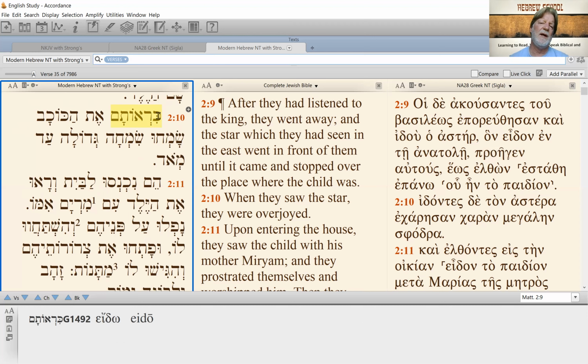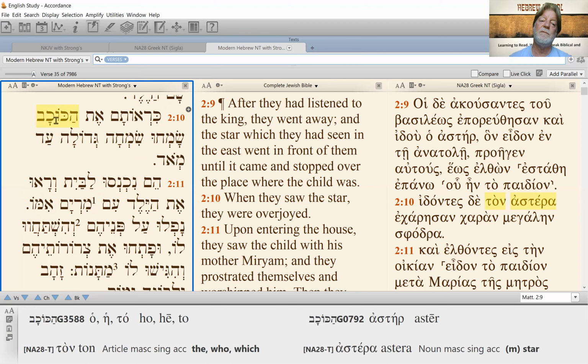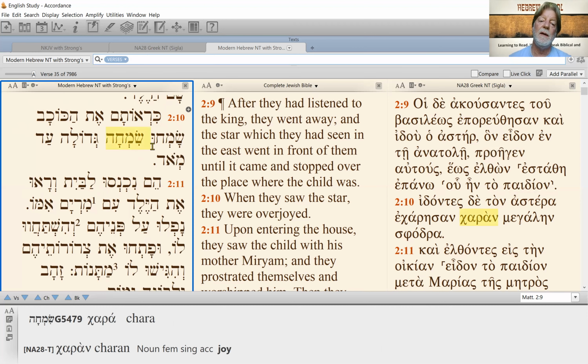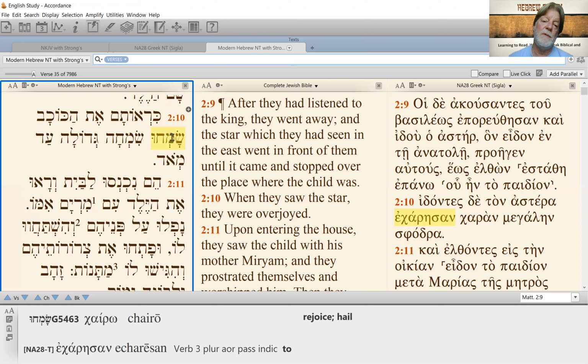Here it means kind of like when. Ra'otam, when they saw et hakokav, and when they saw the star in the sky, samhu, they were happy, they rejoiced, they were full of joy. Simcha gadolah, with a very great joy. So they rejoiced with a very great joy.